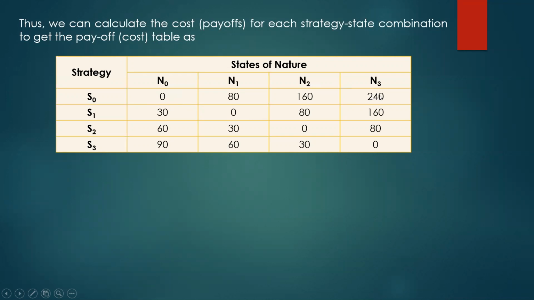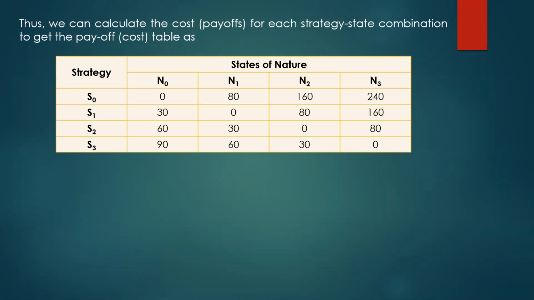Then 240 minus 80 gives me 160, and 240 minus 160 will give me 80. Like this, the matrix which I'll be getting will be your profit matrix. I hope this is clear.